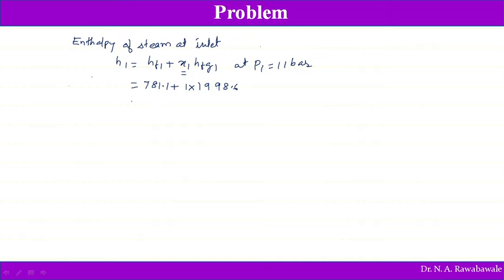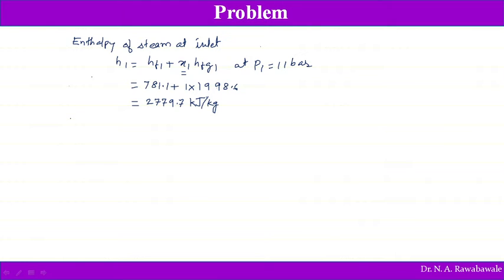On calculation we get the enthalpy H1 equal to 2779.7 kilojoules per kg.